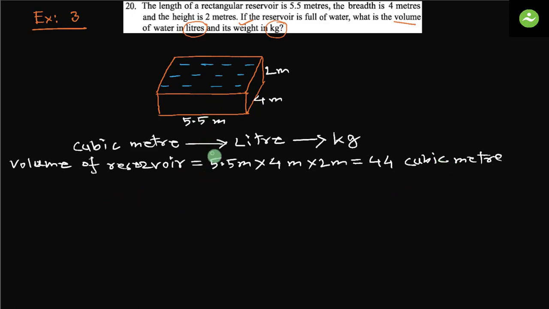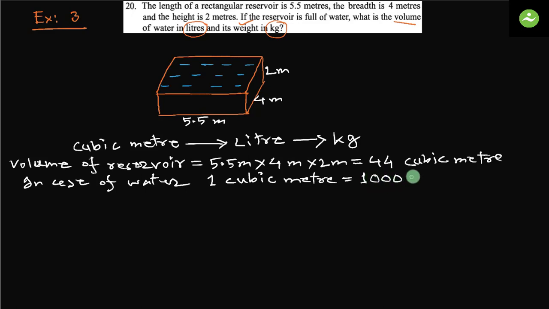Now we have to convert it to liter. We know in case of water, 1 cubic meter equals to 1000 liters.